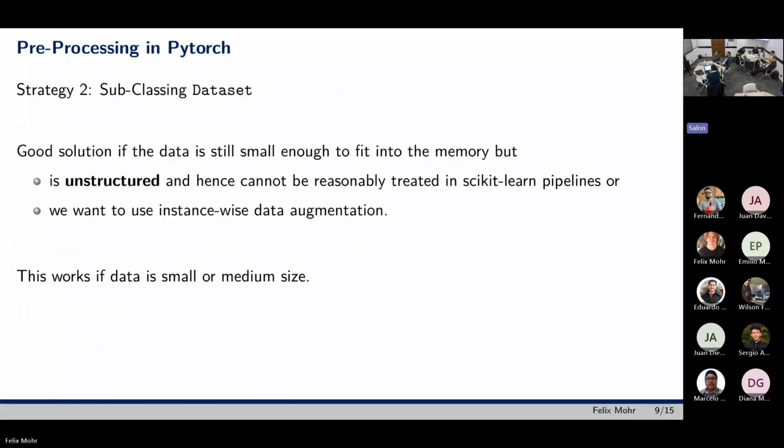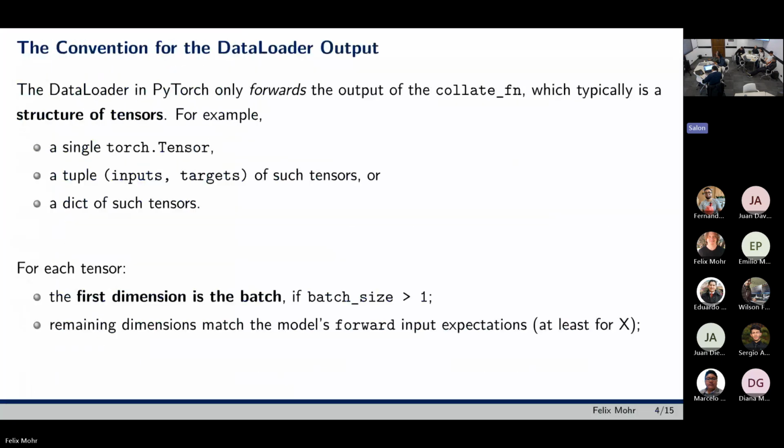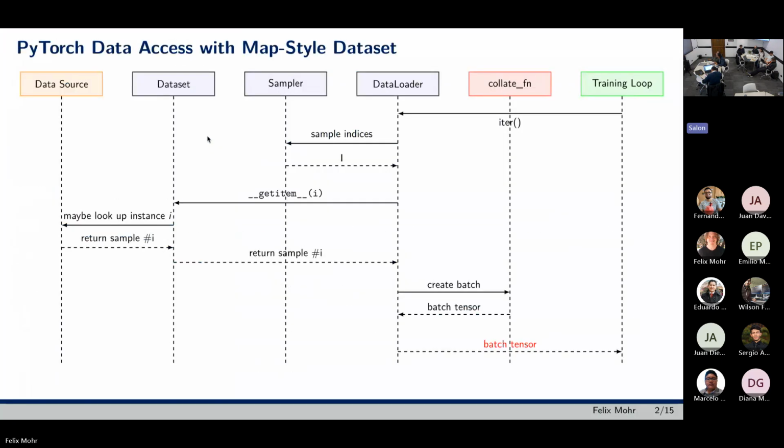Okay, so the second strategy: we can create our own class for the data set. Going back to the figure, this means I can create my own data set. Currently we are using this TensorDataset from PyTorch, but we can create our own.